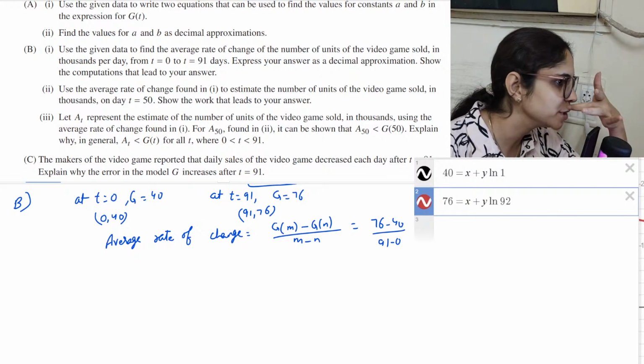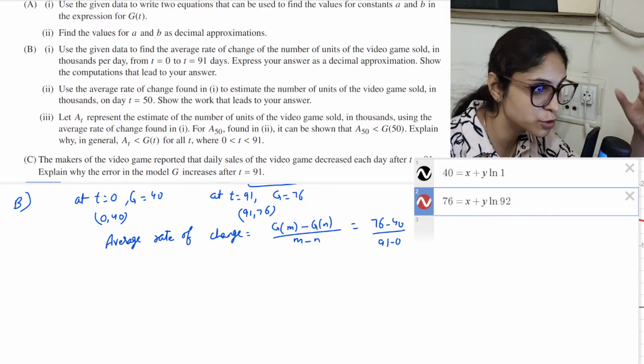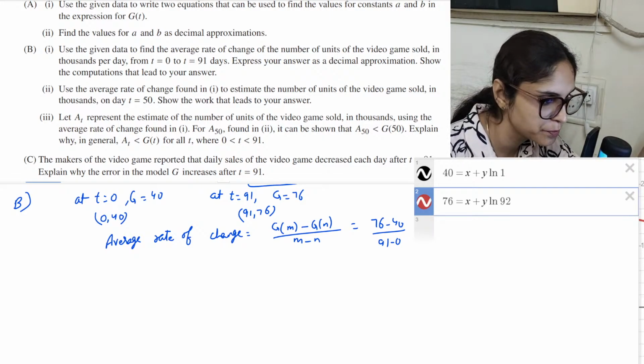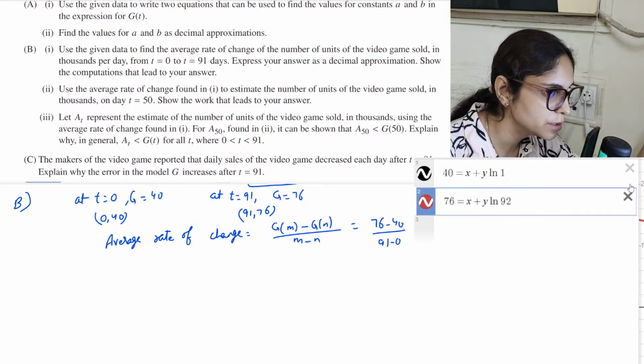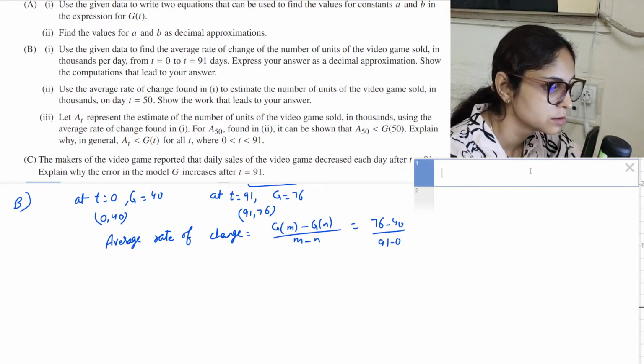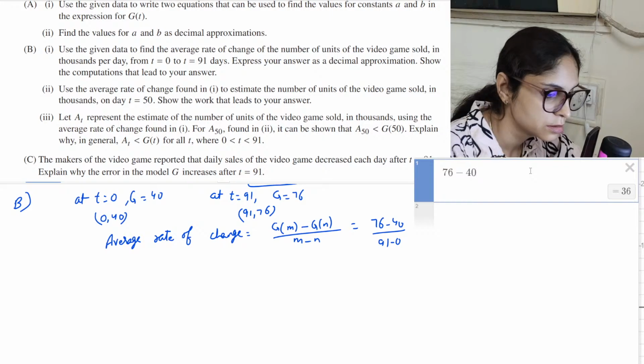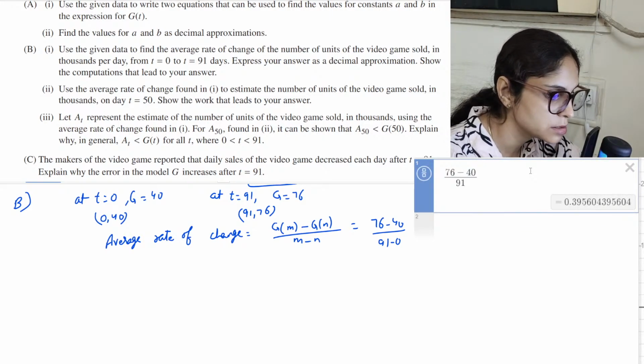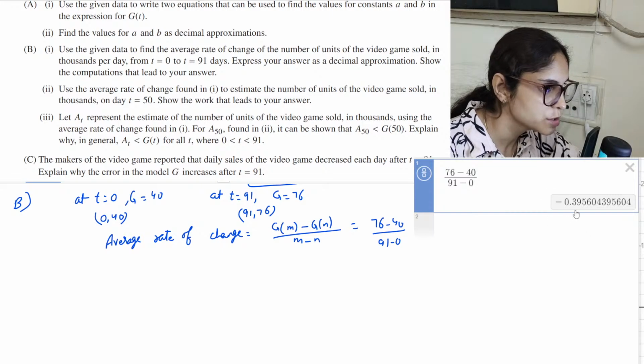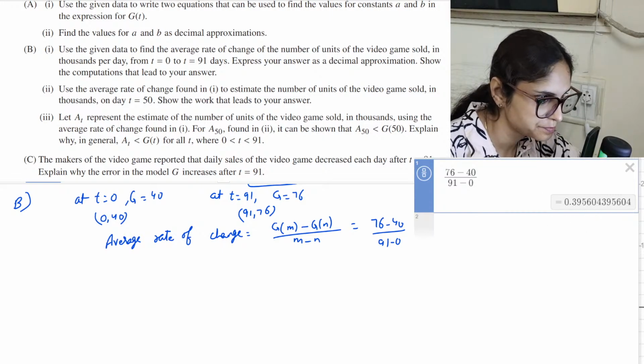You also have to show the computations that led to your answer. So we have shown the computations as well. Over here we are simply doing 76 minus 40, which is 36, divided by 91 minus 0. So 0.3956.